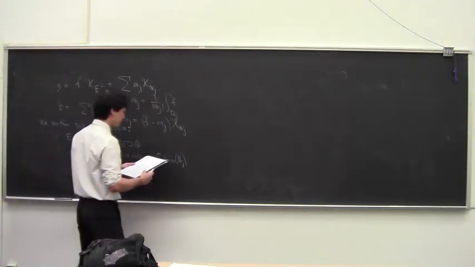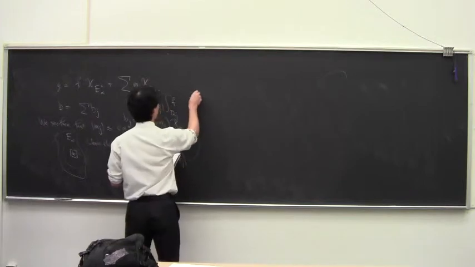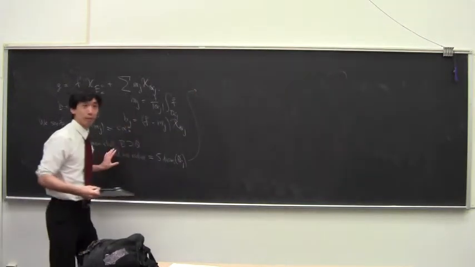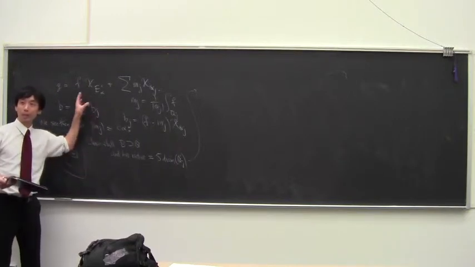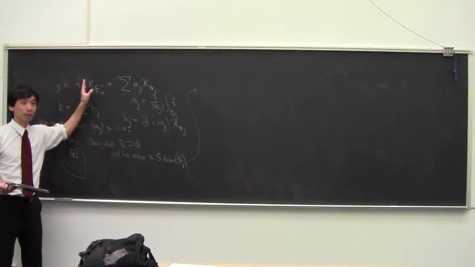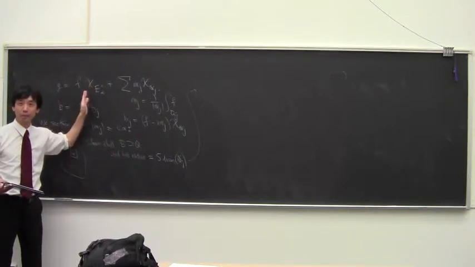So remember what we did last time. If the ball is of radius greater than 1, then we're basically done by our assumptions. Remember we made those assumptions about the L1 norm of the function, right?